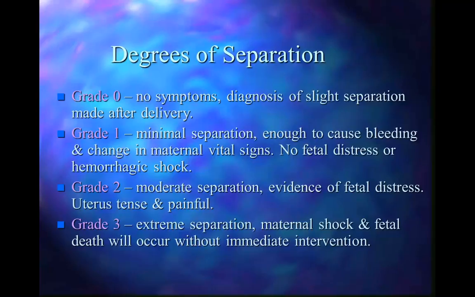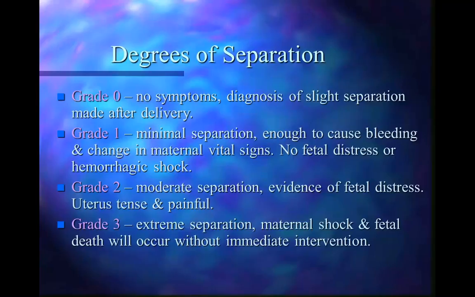Different degrees of separation. Obviously, grade 0 is the mildest. Grade 3 is the most extreme. I will not ask you a question to identify whether this particular situation is a grade 2 or a grade 3, but just know that if they talked about it in a scenario, for example, you would understand that a grade 3 is the worst.